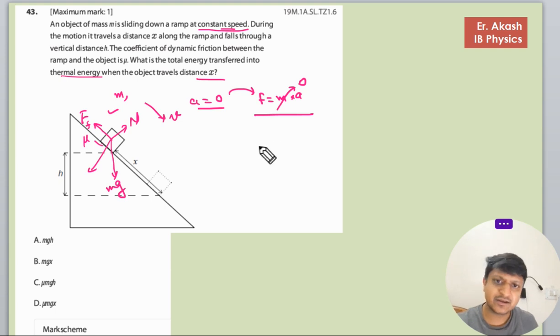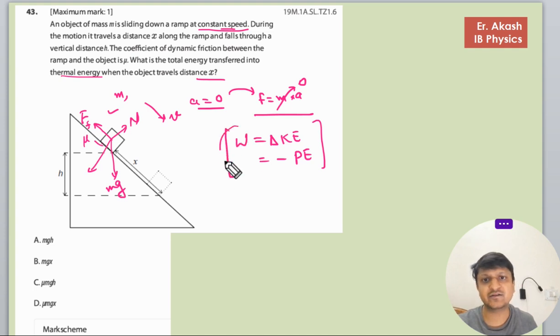We just need another formula that we have done: the change in work is equal to the change in kinetic energy, and the negative of the change in potential energy is the work done, and this work done is the energy that will be given to the atmosphere.